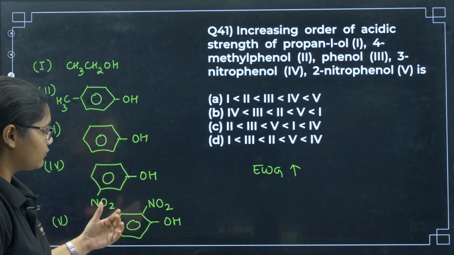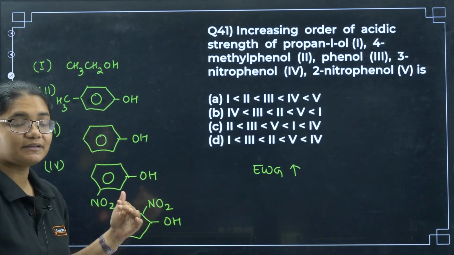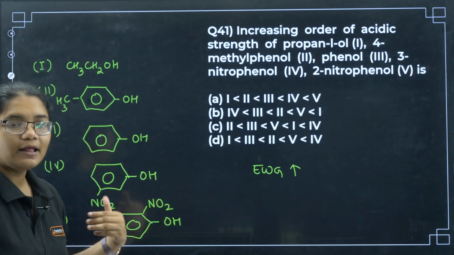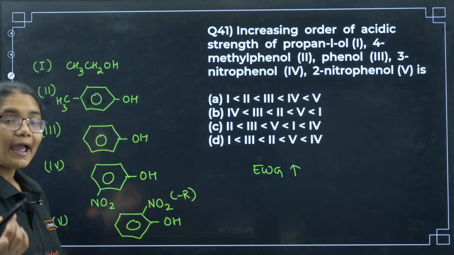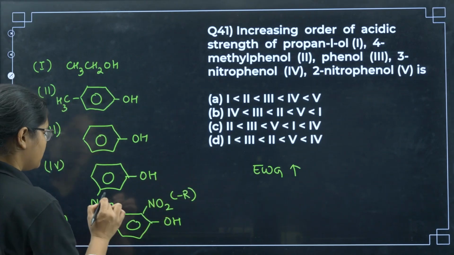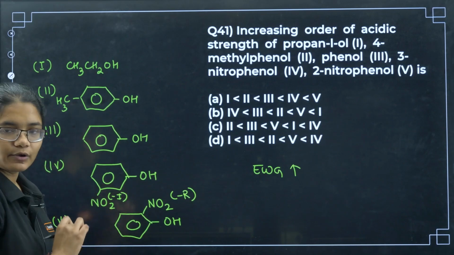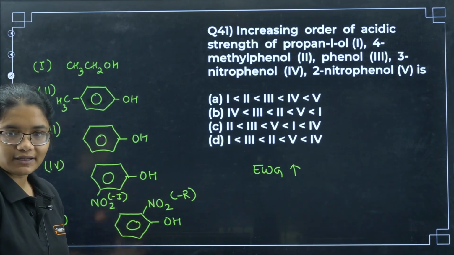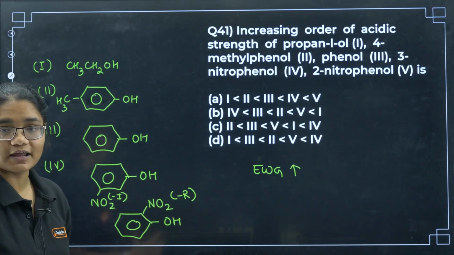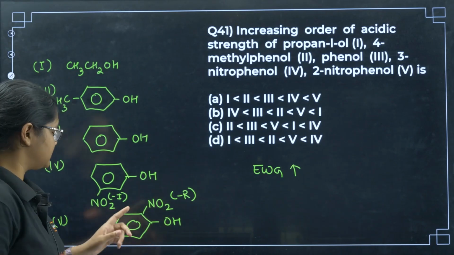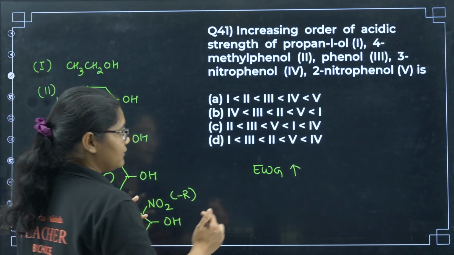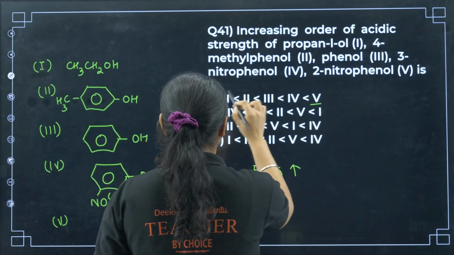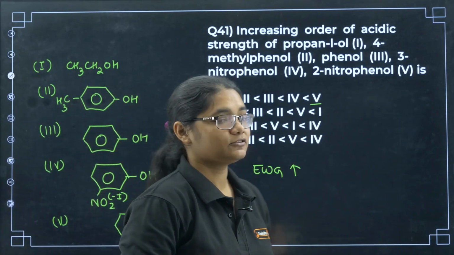If electron withdrawing groups are present at ortho and para positions, they withdraw by the -R effect, which is a powerful effect, and if they are present at the meta position, they withdraw by the -I effect, which is less prominent than the -R effect. So the fourth and fifth will be more acidic, and definitely the fifth one is the highest, and I have only one option with that, so I can easily say it is option A.